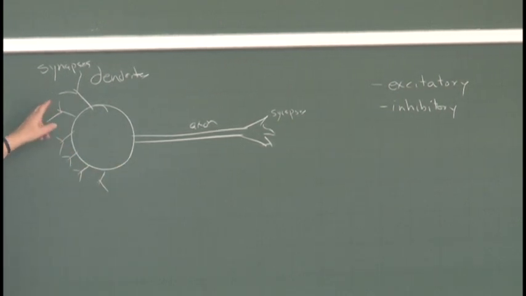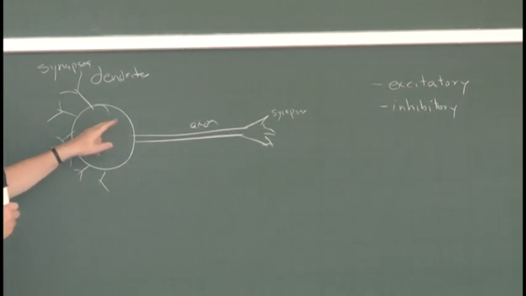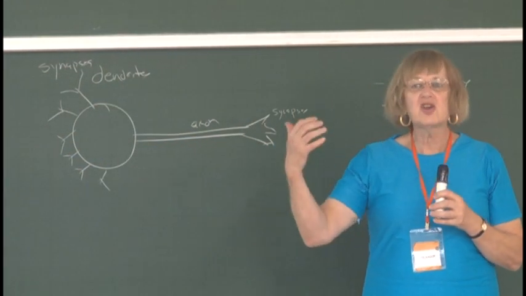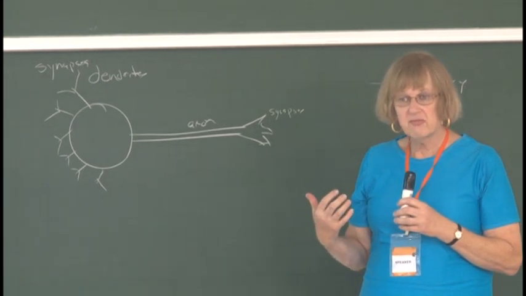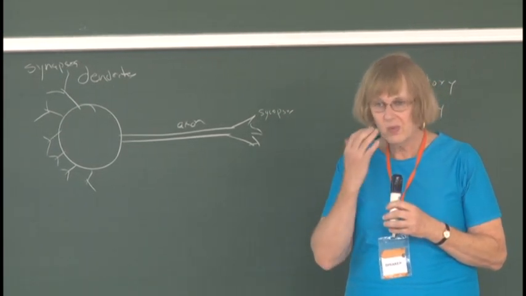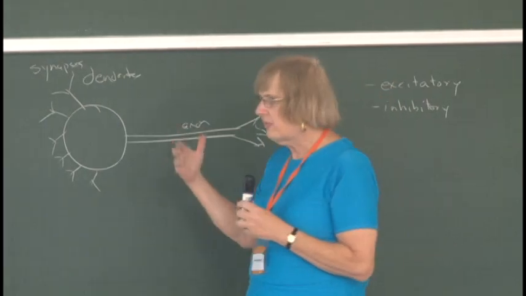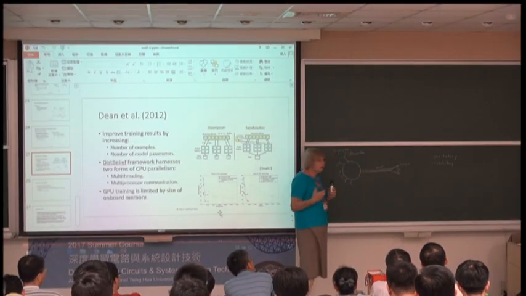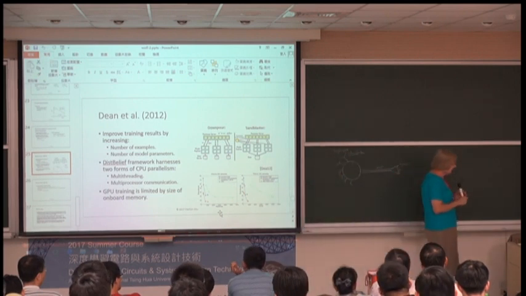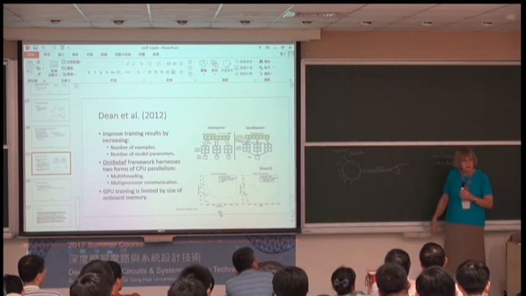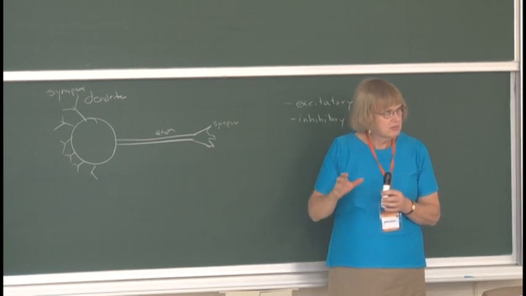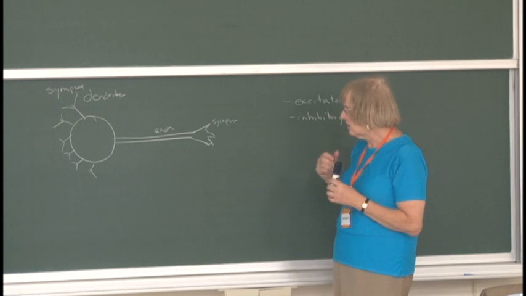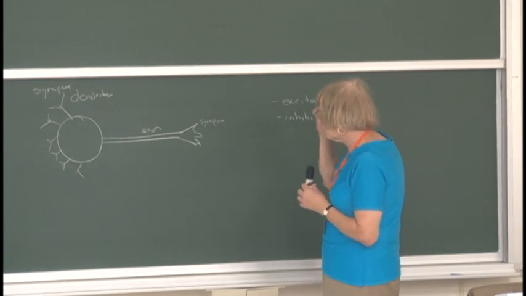Or an inhibitory synapse: when the first neuron fires, it discourages the second neuron from firing. Okay? So there are details and differences in how these work, but basically neurons support both models. And as I understand it, most neurons have some of both. There's probably a difference in the richness of one versus the other, but there is some mixing of the two.